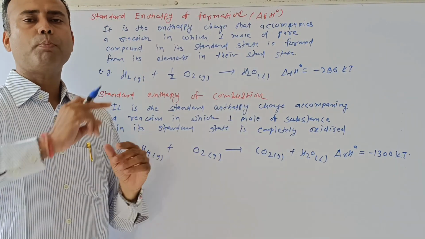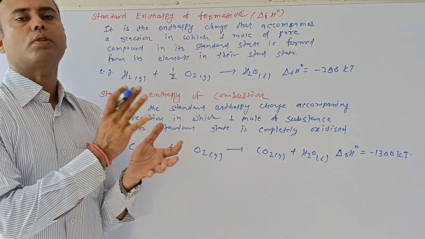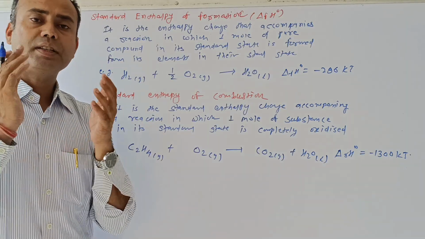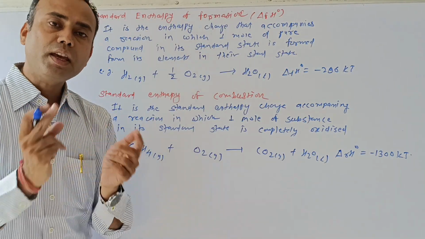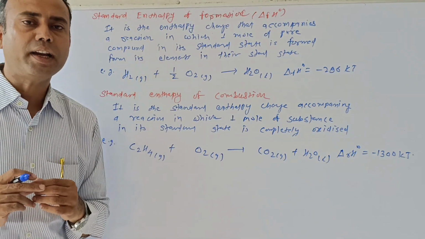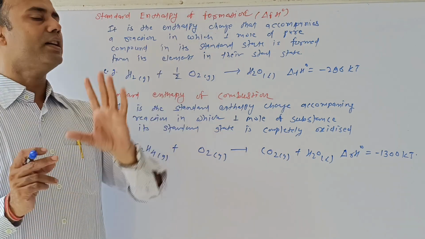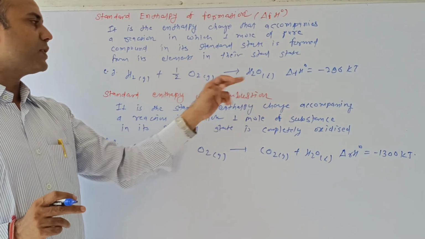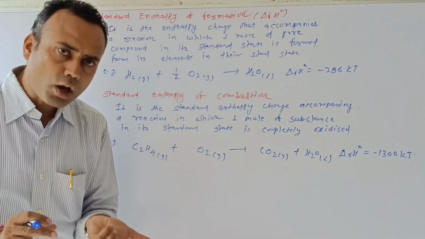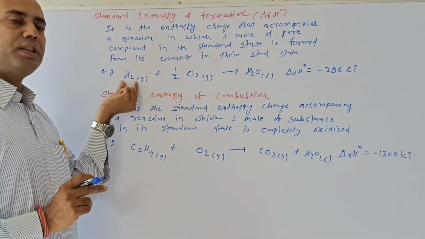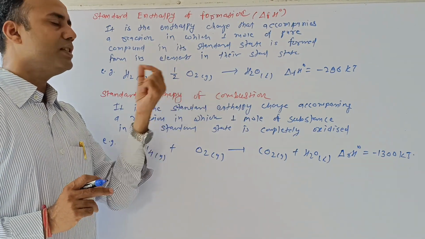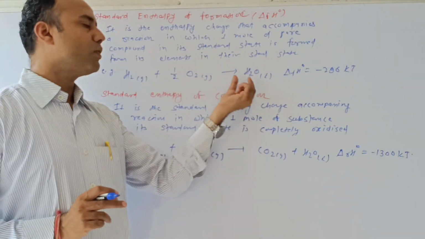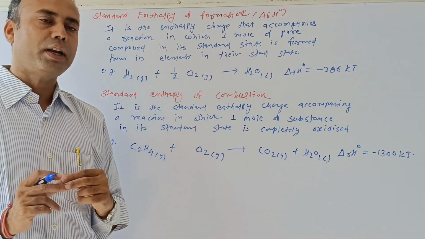When 1 mole of compound is formed from its components in their standard state, then some enthalpy change is associated and that is called the standard enthalpy of formation. Means when 1 mole of water is formed from its components, hydrogen in standard state, oxygen in standard state, water is also in standard state, but how many moles? 1 mole.